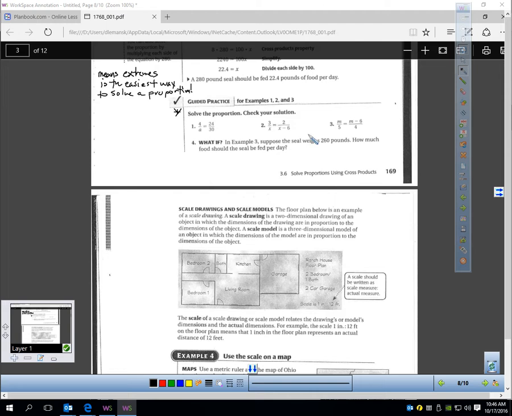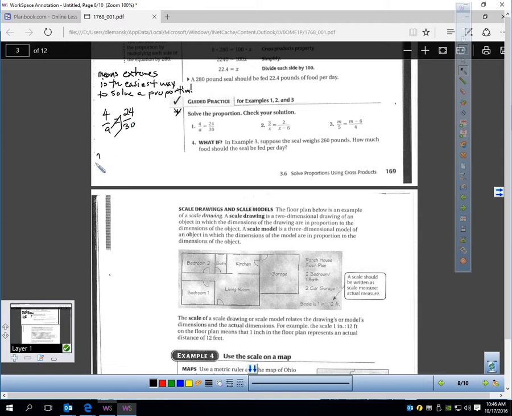Here are 3 problems that offer, well, 2 of the 3 for sure offer a great example of why this is the easiest property to use. Let's just do number 1 as a practice. 4 over A equals 24 over 30. Let's use the means extremes property to solve this. So I'm going to take the means, which are A times 24.